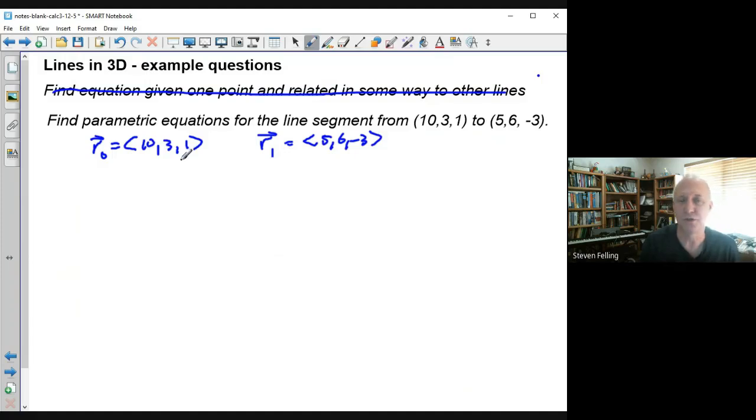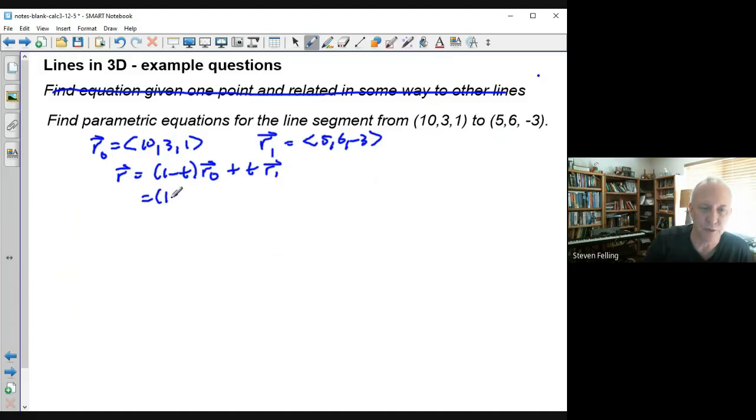Then I'm going to use the definition of the equation for a line segment: r is equal to 1 minus the parameter t times the initial point vector plus the parameter times the final point vector. So this would be 1 minus t times the starting vector, 10, 3, 1, plus the parameter times the ending vector to blend that in as t increases.